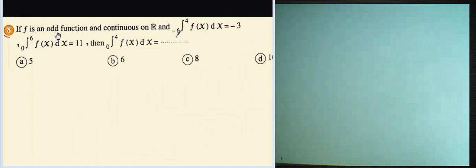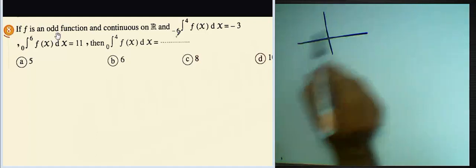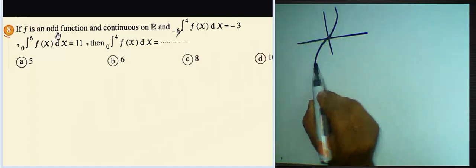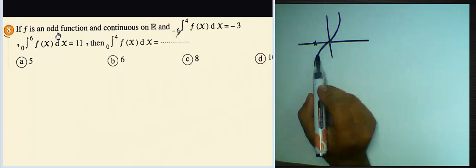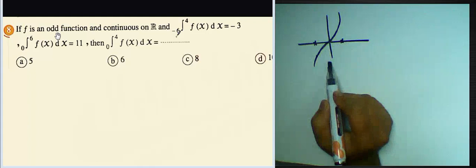It means what? You remember that when we draw an odd function, the image about this point will be the inverse about this point.